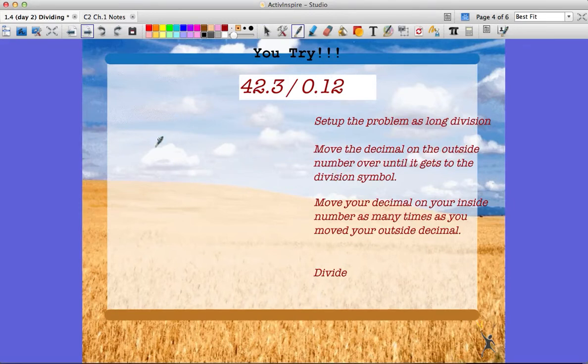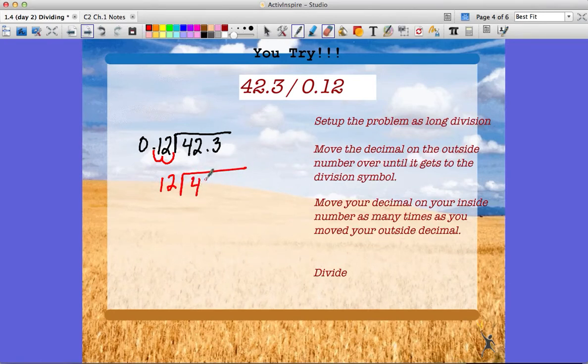Alright, so the first thing you would do is set up the problem with 42.3 getting into the party first, and 0.12 staying on the outside. We then move the decimal on the outside 2 places to the right. So this becomes 0, and actually we can take the 0 off now because that decimal is gone.